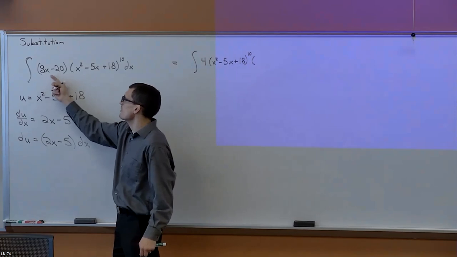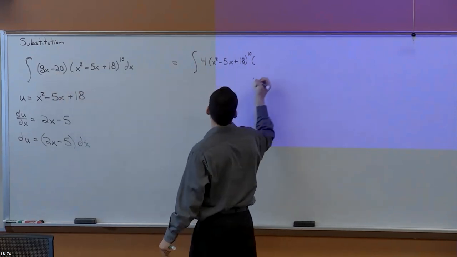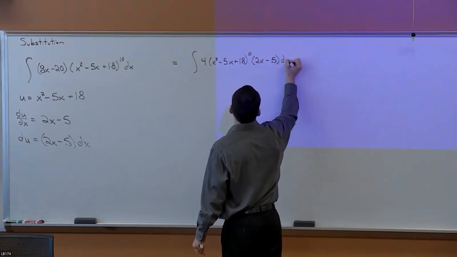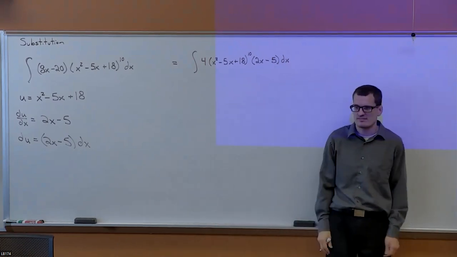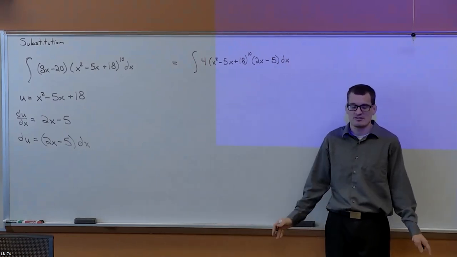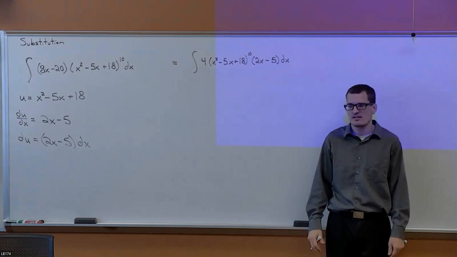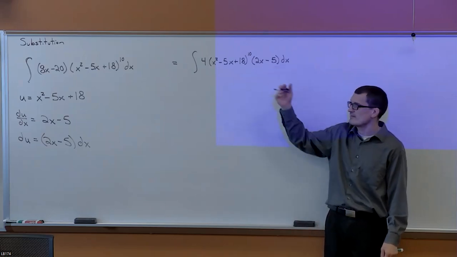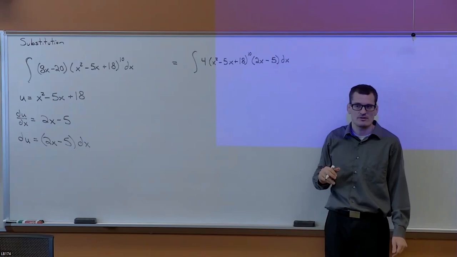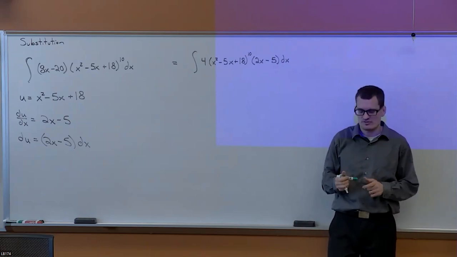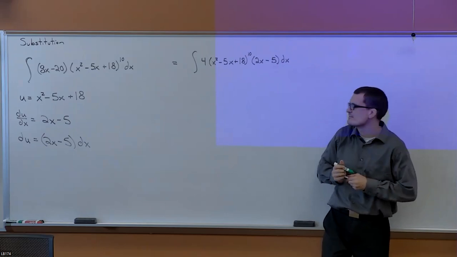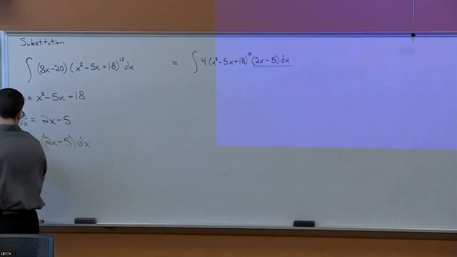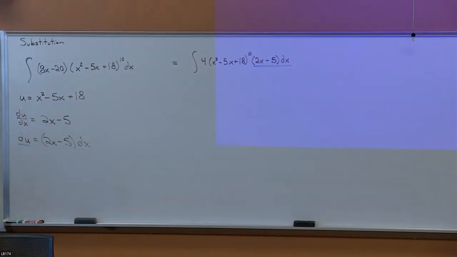When I factor out a 4, I'm going to bring the other piece, which is 2x minus 5, back in front of the dx, because I just like to see it next to each other. You don't have to do that, but that's what I tend to like to do. Okay. So if you left the 2x minus 5 in the front, that's perfectly okay. But just for visual nicety, I like to pull it to the end.